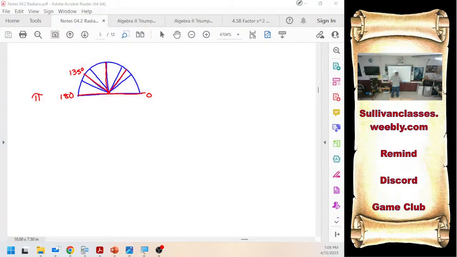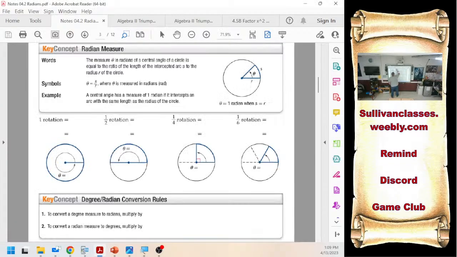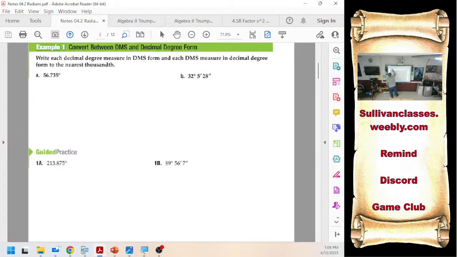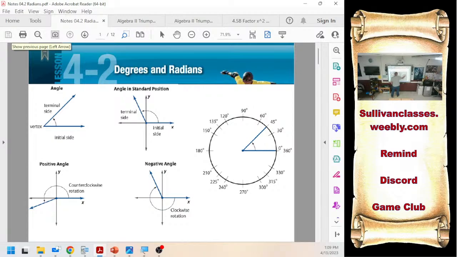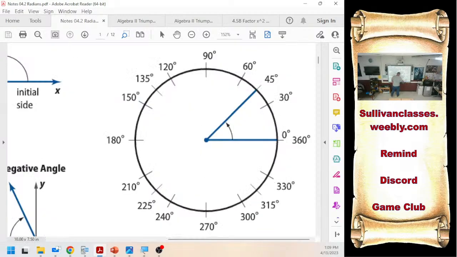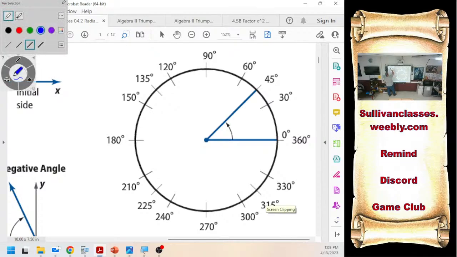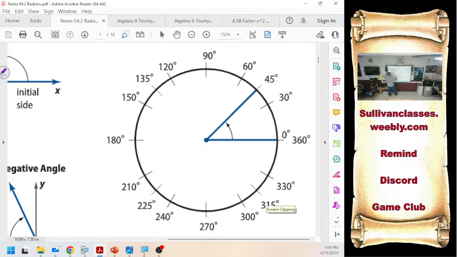Which is what I'd like you to go back to that first page with and start labeling these. I forgot to do this first hour. Probably because we were so off base. So next to all of these, we're going to write our radians. We start with 0 radians. We know this is pi. What happens when I cut them in half?